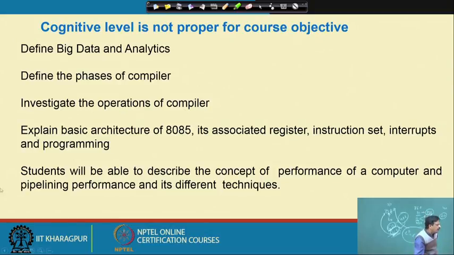This is not the major outcome. Define is the knowledge level, not proper for a course outcome. "Define the phases of compiler" is also not proper for a course outcome.